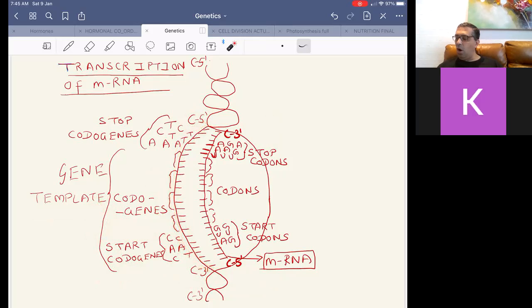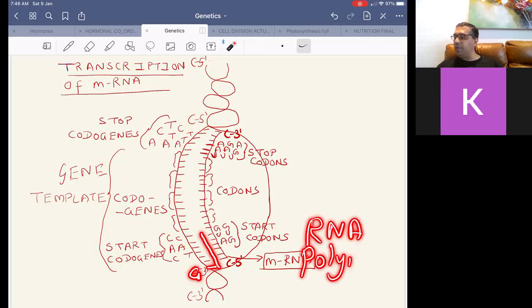Ascending strand has got nucleotides. So sir, suppose here we have G, guanine. Then reading the guanine, an enzyme called RNA polymerase will bring in new nucleotides and construct an RNA called the mRNA.